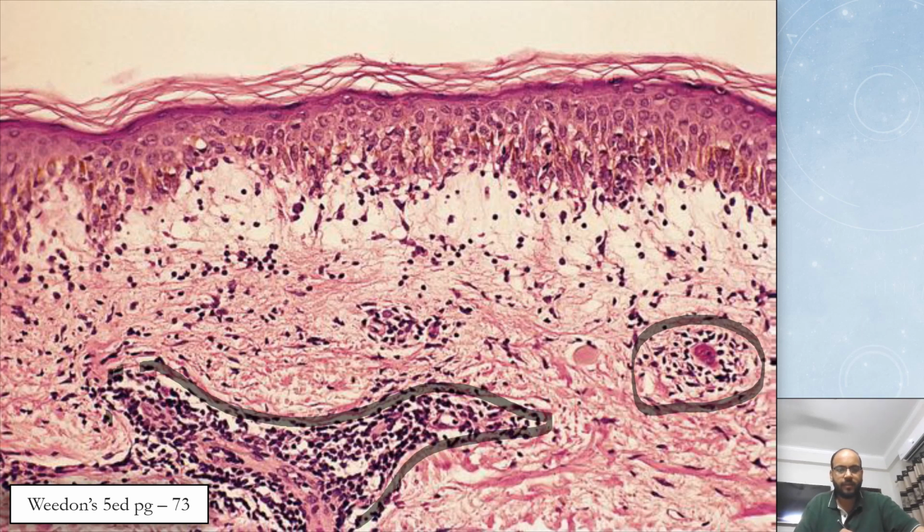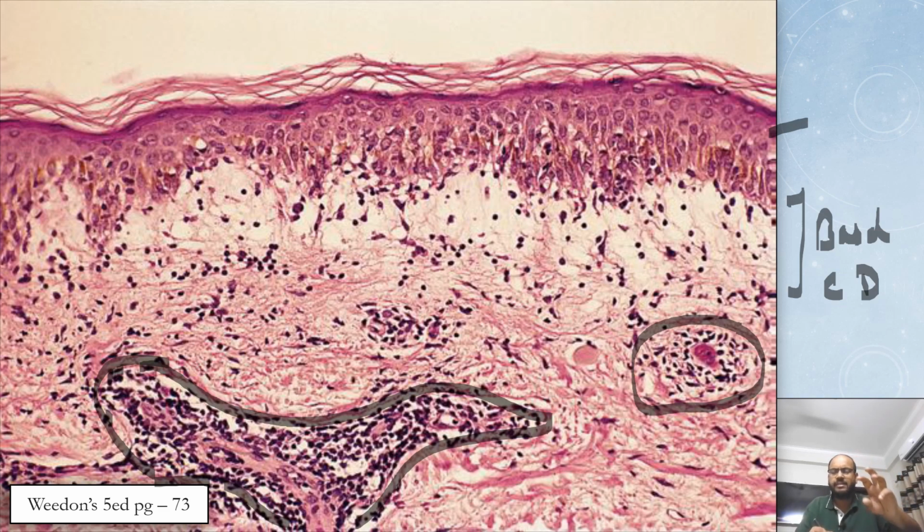So you can see that there is extension of infiltrate downwards, majorly around the vessels, but you have significant basal cell damage in erythema multiforme, but there is no separation of the epidermis. The epidermis has focal basal cell damage, but there's no separation. We'll see separation in the next slide.